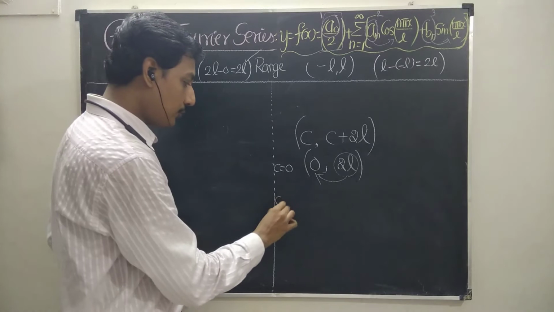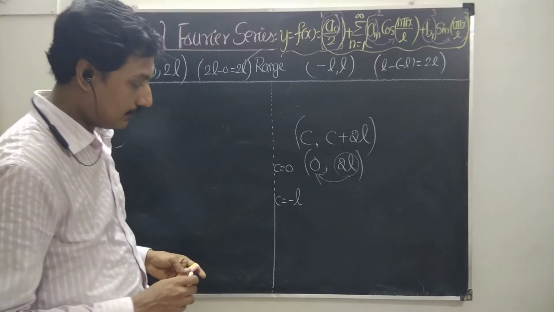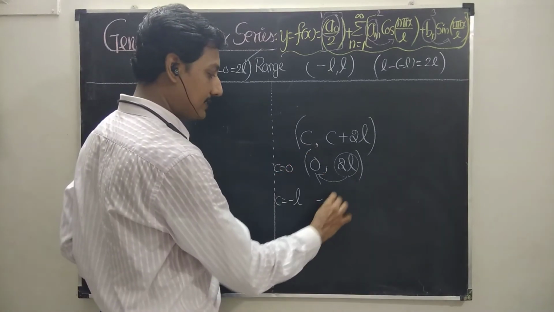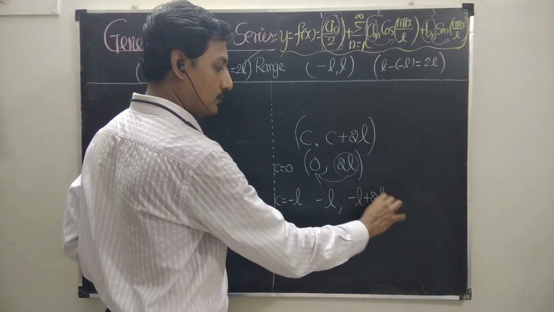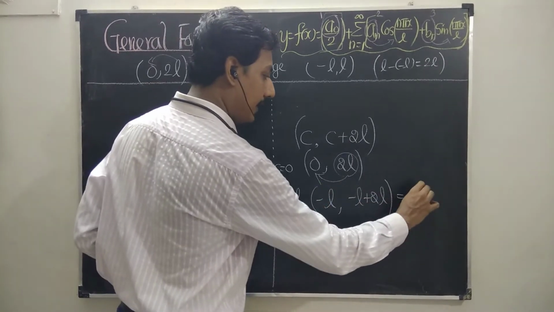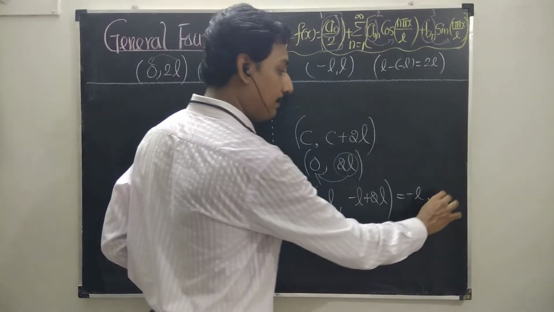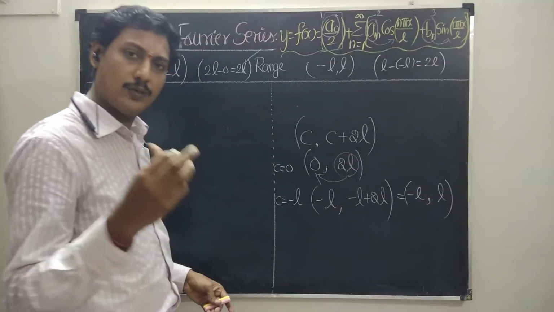When I substitute c equal to minus l, because I told you c is a constant, I get minus l, minus l plus 2l, which is l. So I get the interval minus l, comma, l. What is the range?